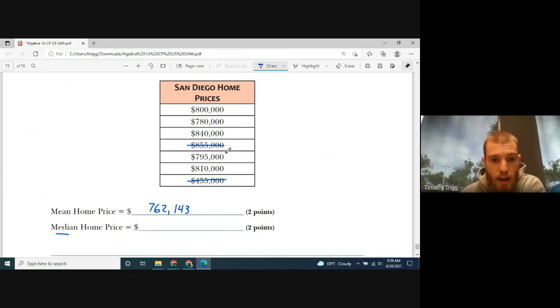Then the smallest after that is 780, and then the largest after that is 840. Then the smallest, then the largest. So 800,000 is the median. It's the middle value, the value that is in the middle when put from least to greatest.